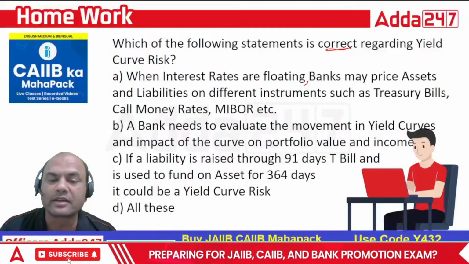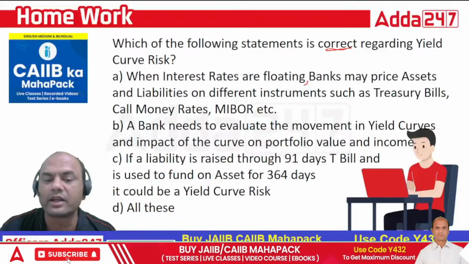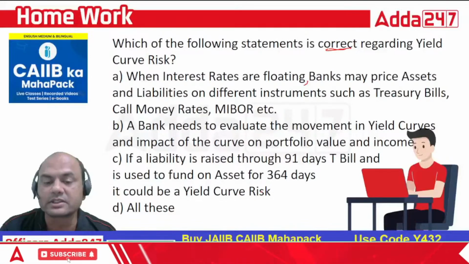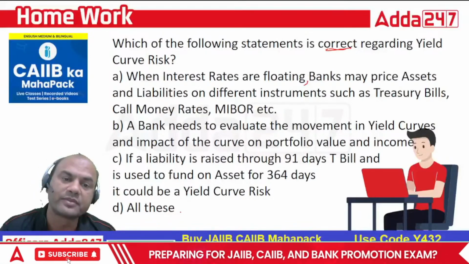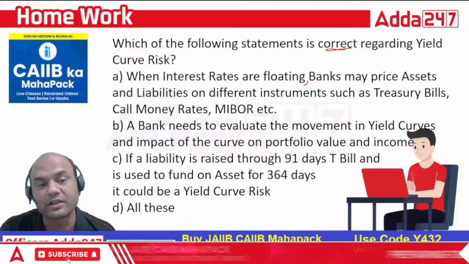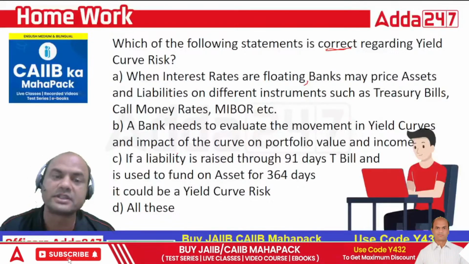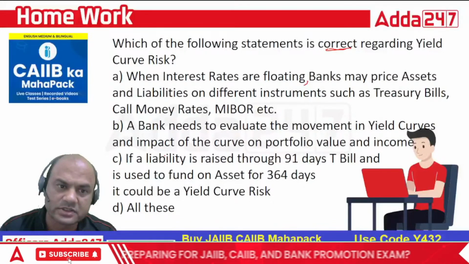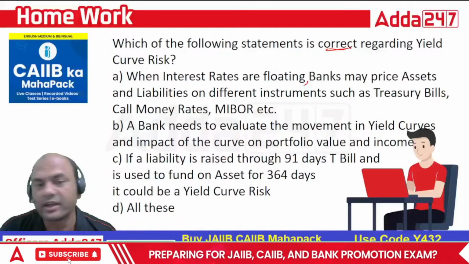If a liability is raised through 91-day T-bills and used to fund an asset of 364 days, it would be a yield curve risk. And D is all of these. So this is what you have to search now. Check all the options, check in your books, check in the videos, and then answer.